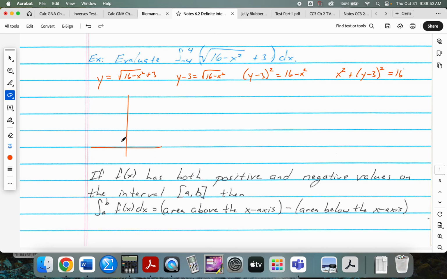This is centered at 0, 3 with a radius of 4. And again, it's only the top half of that circle.